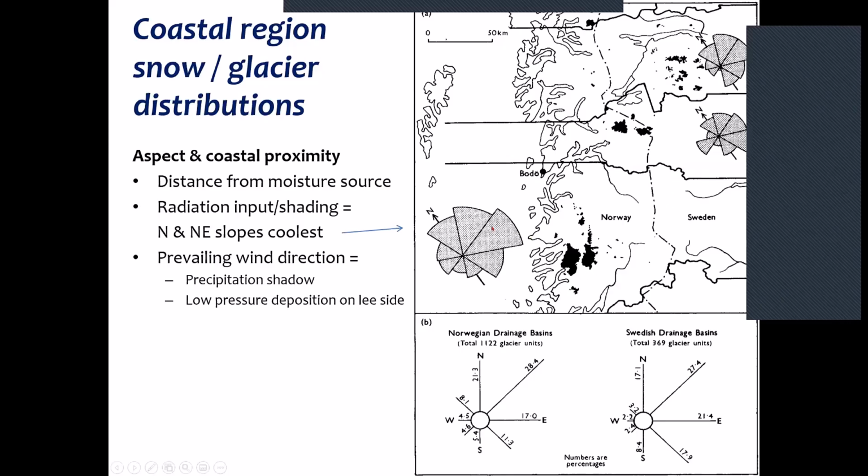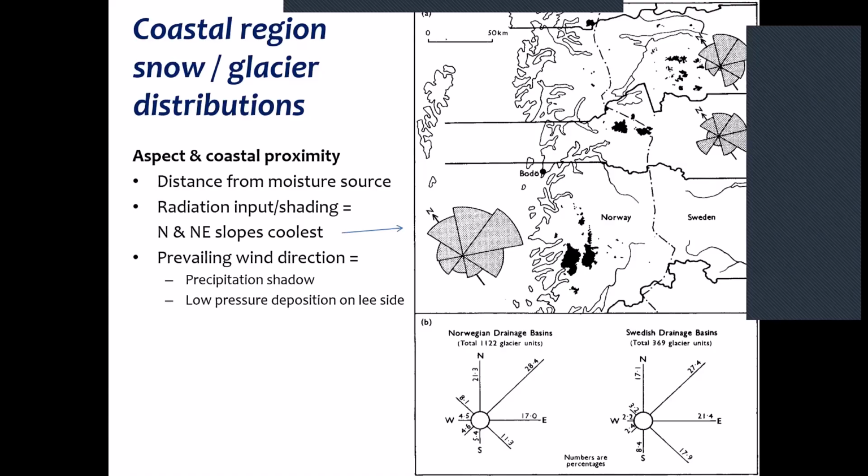But the other interesting effect is that you get the most snow and ice accumulation on the northeast, the northeasterly aspects. And the reason in this particular case for that, well, the northerly aspect makes sense, because the reason you'll get more snow and ice accumulation on a northerly aspect is simply that there's less energy receipt.